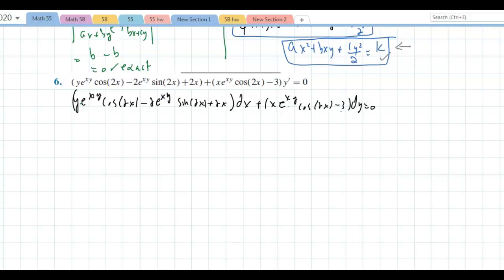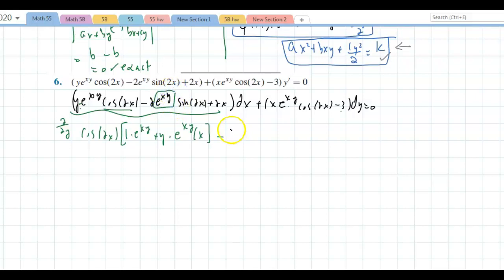So now, if I take the partial of this with respect to y, that will be the product rule right here. This is a constant. It will be the cosine of 2x times the derivative of the first times the second plus the first. The derivative of e to the xy is e to the xy times x, minus, here this is the only term with a variable, e to the xy times x, the sine of 2x, plus 2.